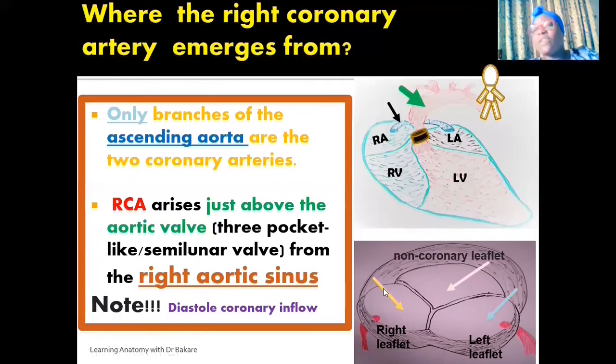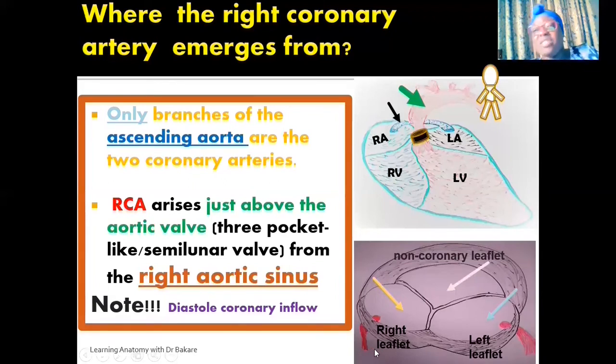So the essence of the emergence of the right coronary artery above the right aortic leaflet is justified, because if it emerges below the right aortic leaflet, the structure that will be preventing the backflow of blood will not be there, and blood will flow back into the left ventricle.